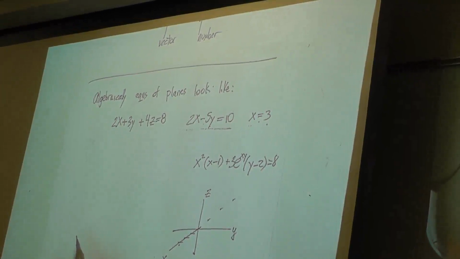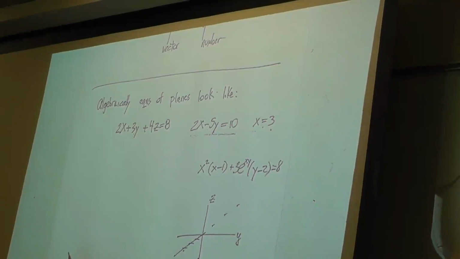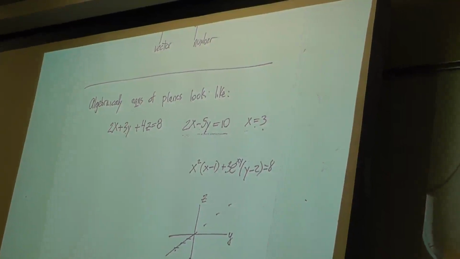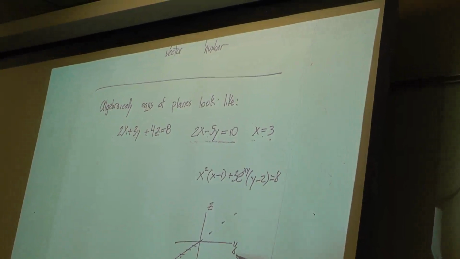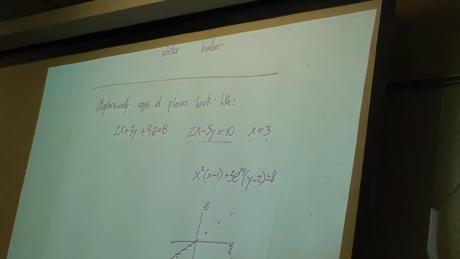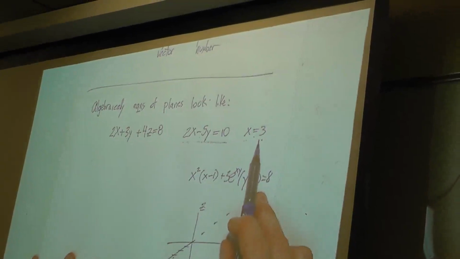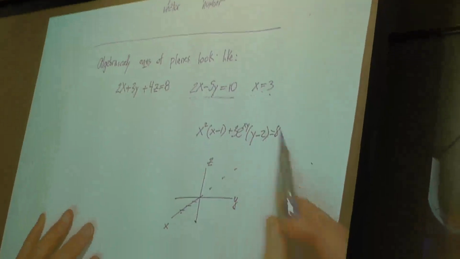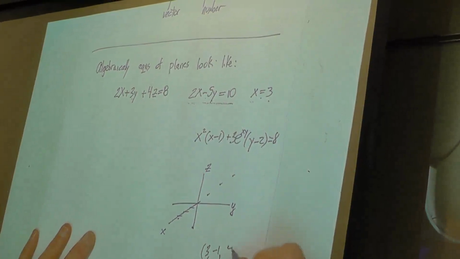Do you see what I'm saying? But does it have to be parallel though? Oh, it is. It's parallel to the YZ plane, because all I'm specifying is x is 3. That's all I'm specifying. So points on that plane might look like this.